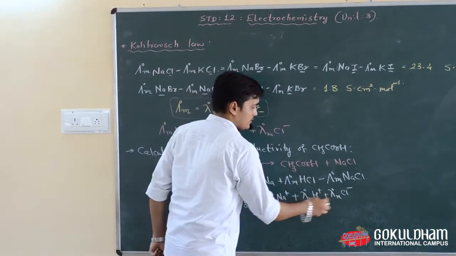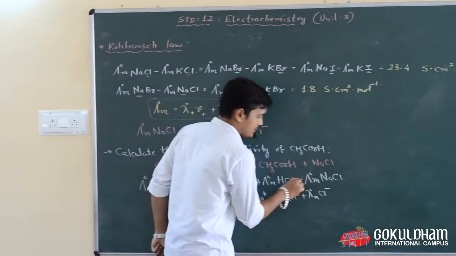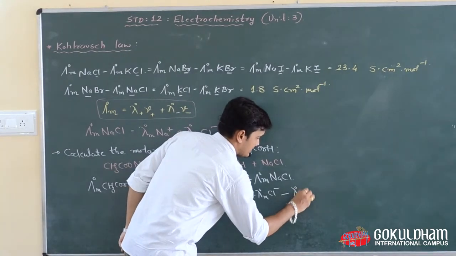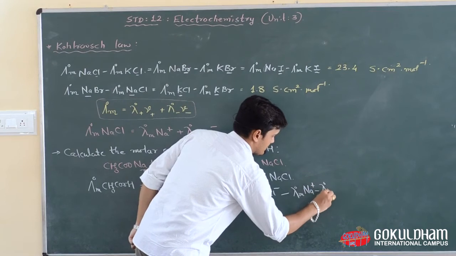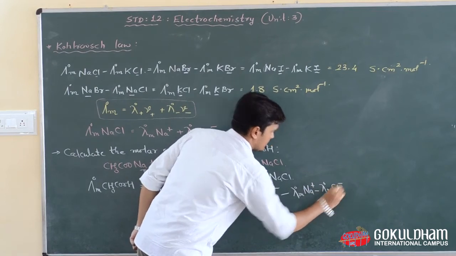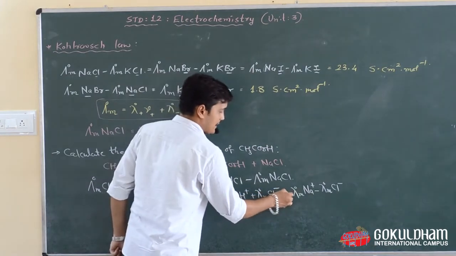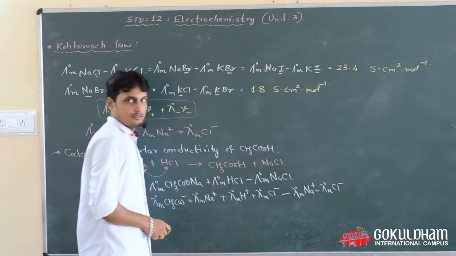This is the dissociation of HCl. Now this is the minus sign, so minus lambda 0 m Na plus minus lambda 0 m Cl minus. Here it was plus, but this is the minus symbol, that's why we convert this plus into minus.